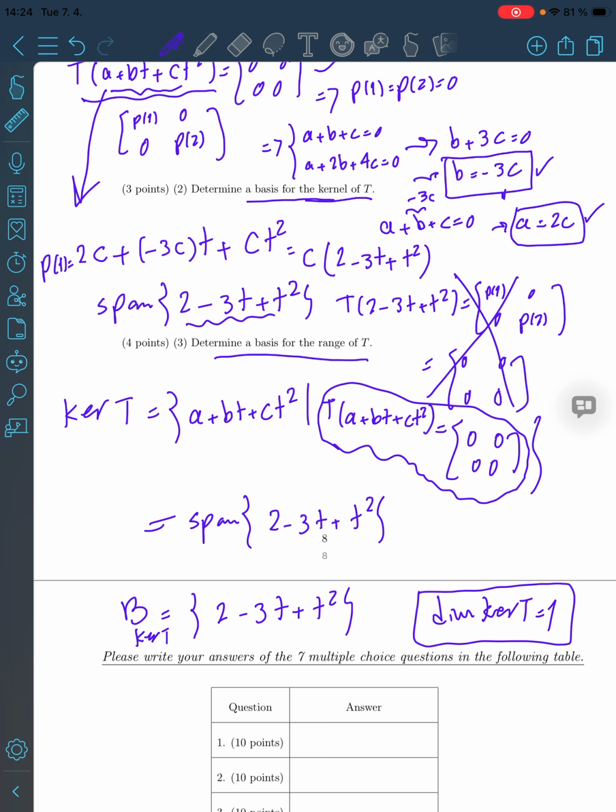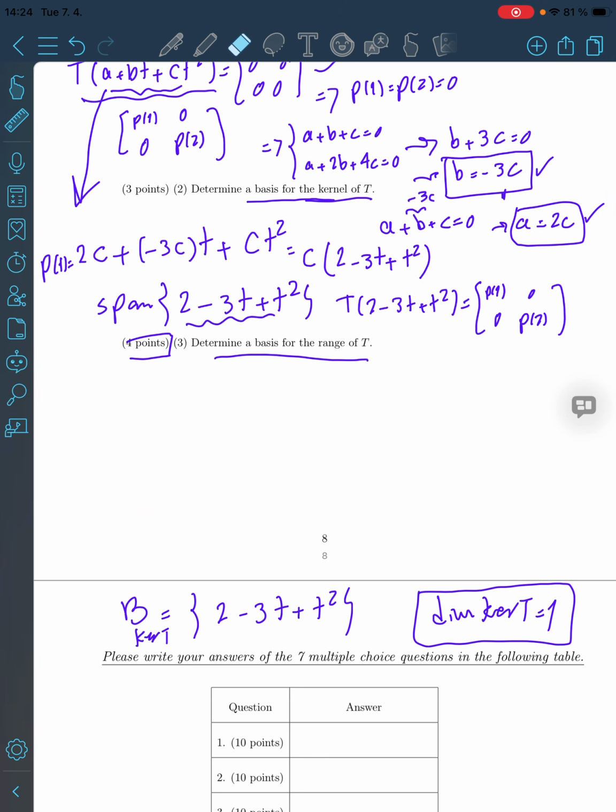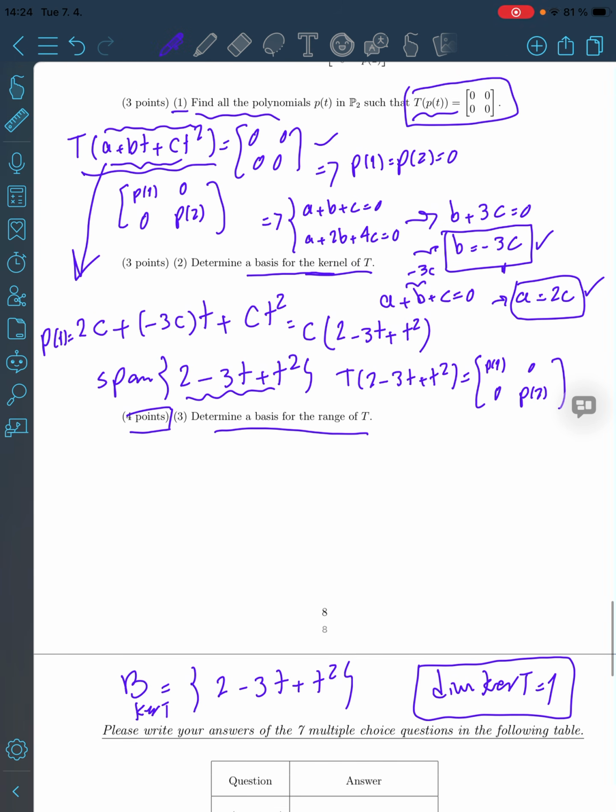So now let's go for part 4. In part 4, you are asked to find the basis for the range. It's pretty easy and straightforward to compute that, because remember that T of any p is going to be p of 1, 0, 0, p of 2, right?